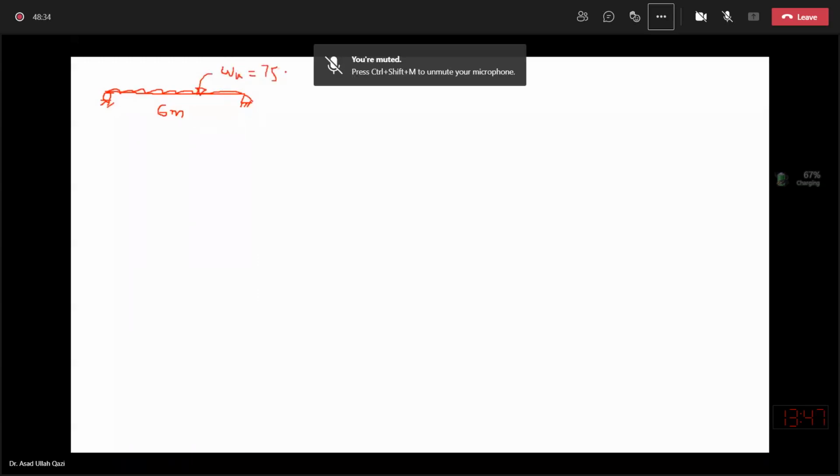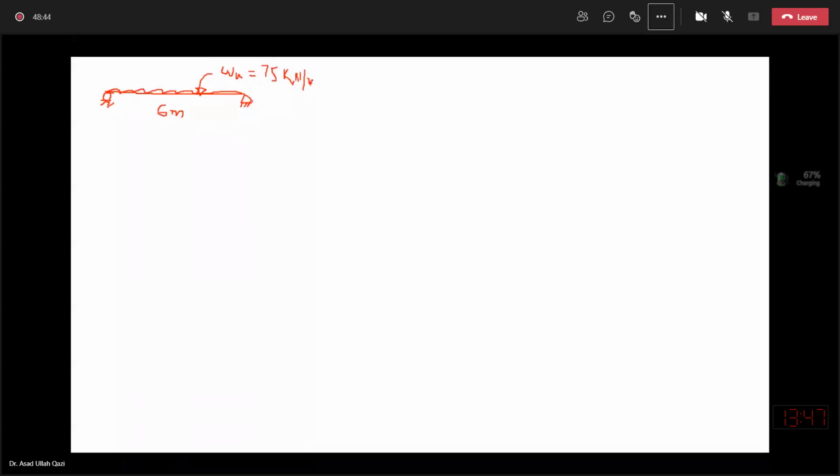The beam has self weight, obviously, but we are giving you total load including self weight, and its ultimate value is provided, that ultimate uniformly distributed load on the beam including its self weight is 75 kilonewton per meter.